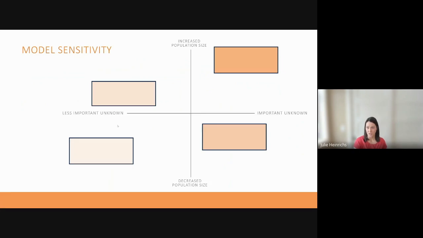We looked at some alternatives to gauge which unknowns were most important in the model, and the key one we found was that if we modified the relationship between quality and density of habitat, we had an increased population size and a pretty different distribution.